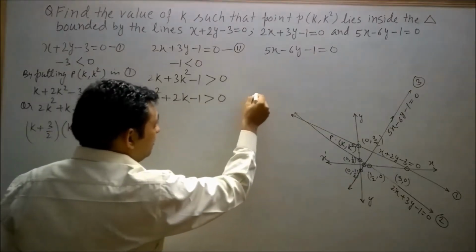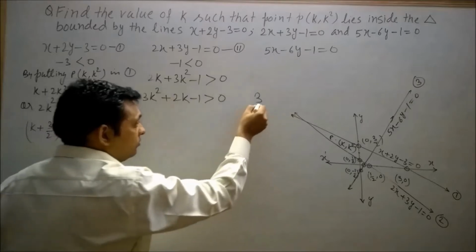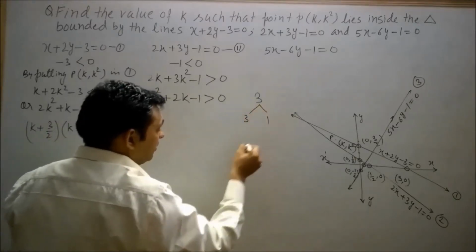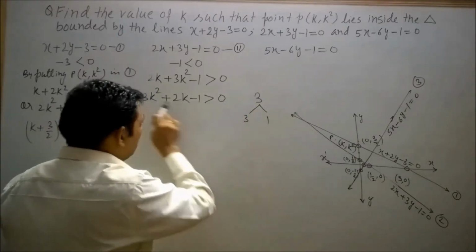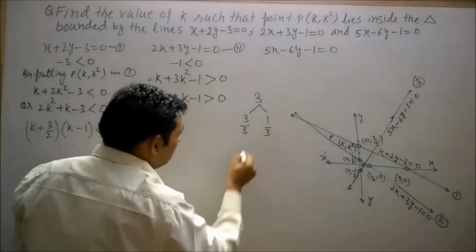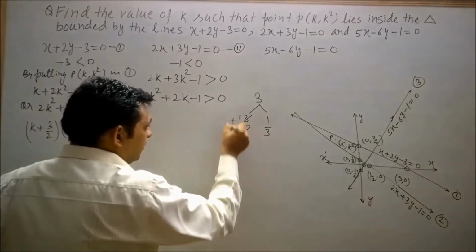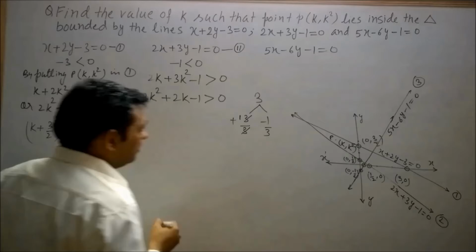3 times 1 is 3. Now break 3 into 2 parts such that their difference will be 2. Now divide these two numbers by the coefficient of k square. Now this factor will be positive and this will be negative.